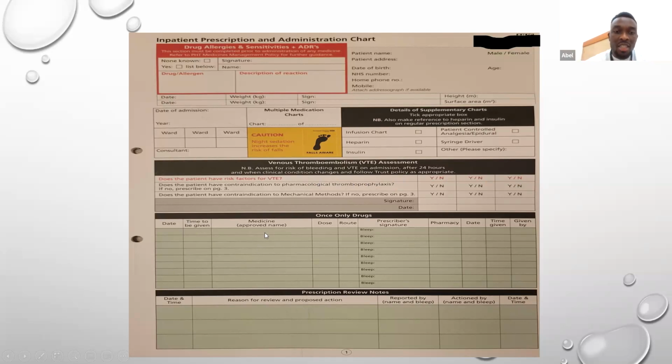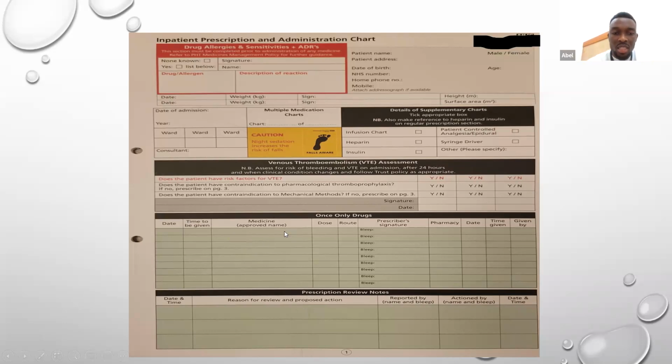Okay, and in cases where the electronic systems are down and you do need to use these paper prescriptions, for example in the ED, they usually prescribe medications that are given just once, okay?